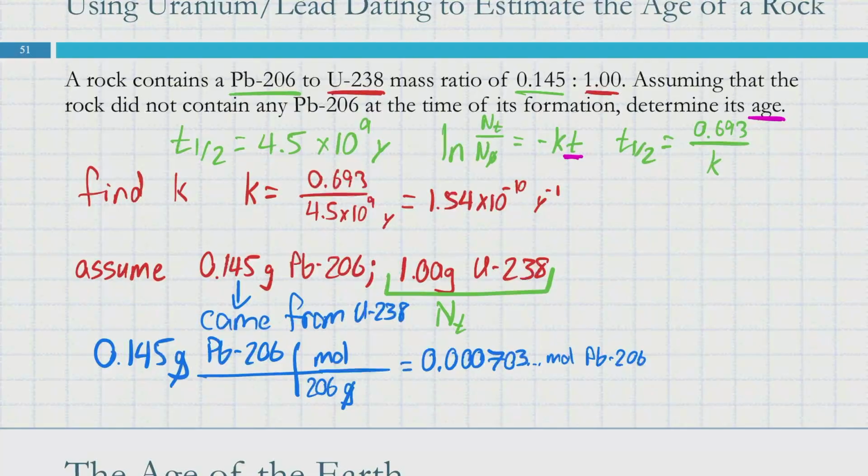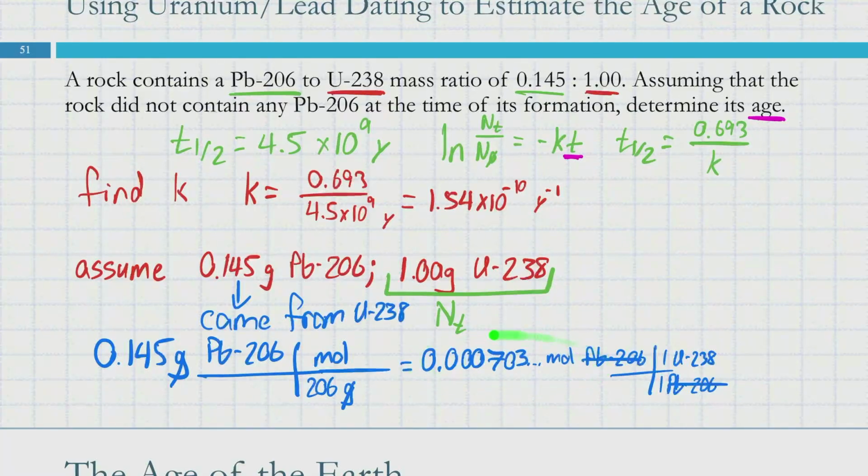So it's just going to be 1-to-1. So for every 1 lead-206 that we have now, that's this number on the bottom, we would have had initially 1 uranium-238 to start with.